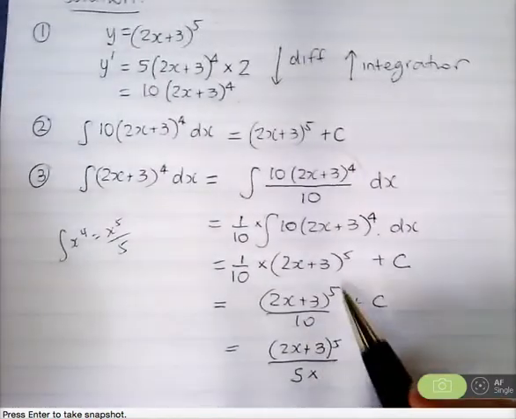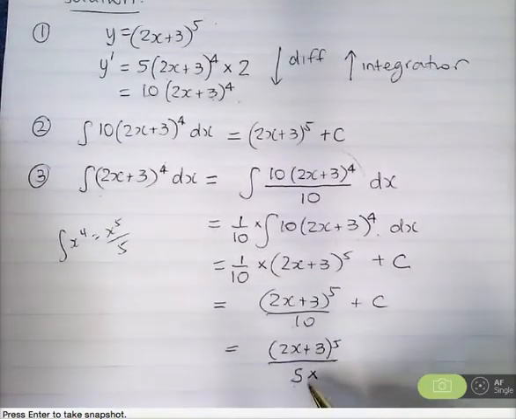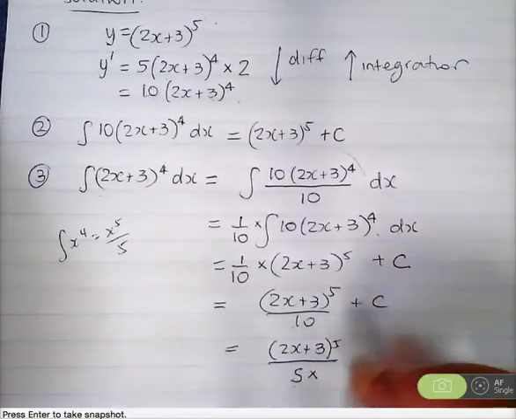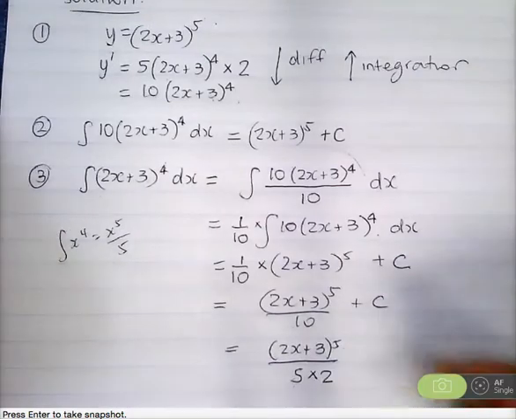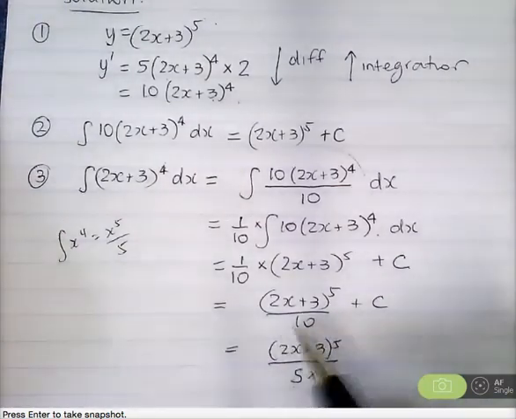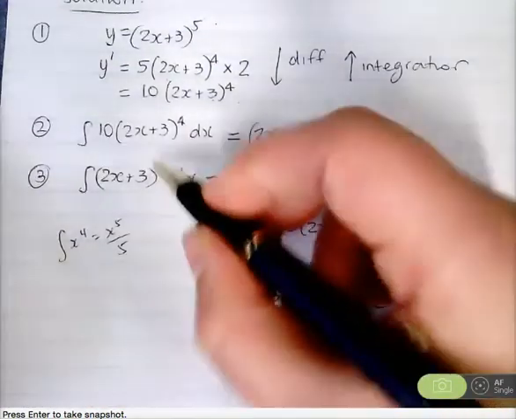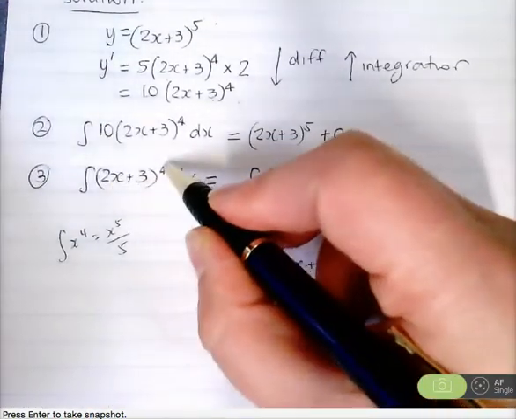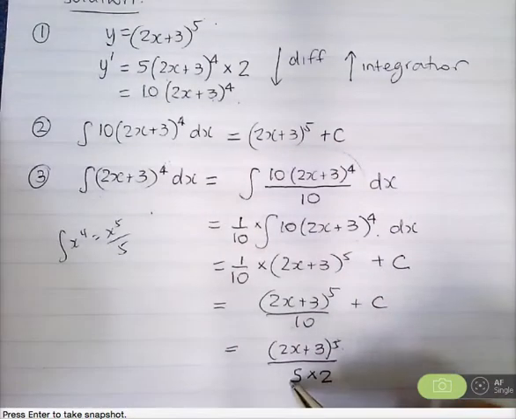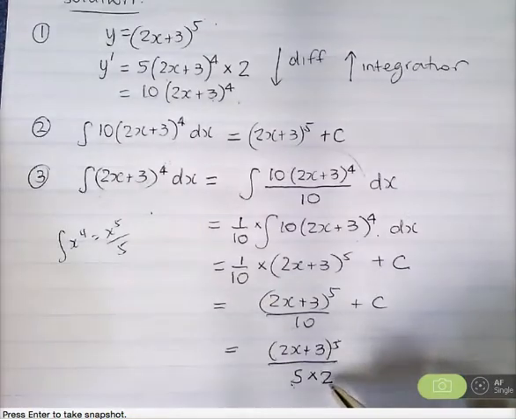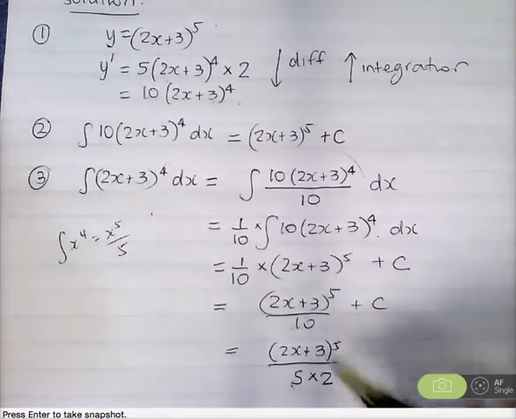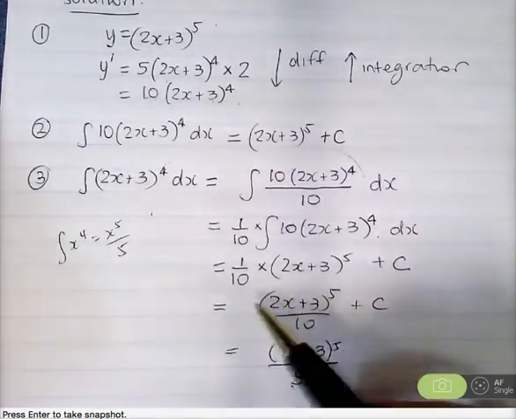That 10 is the 5 over 5, but this 10 is really 5 times the coefficient of the x, which is 2. So if you're integrating this, you'd get (2x + 3)^5 over 5, which we've got there. But then to get the 10, you need to multiply by the coefficient of the 2. Now, it's really important that you learn it as the coefficient of the 2 and not to integrate or differentiate what's inside.